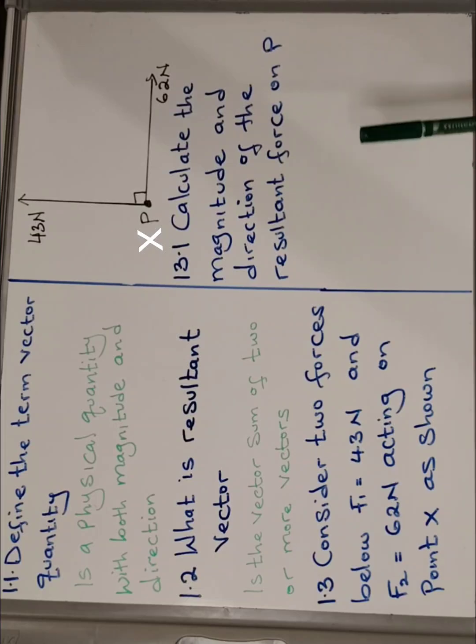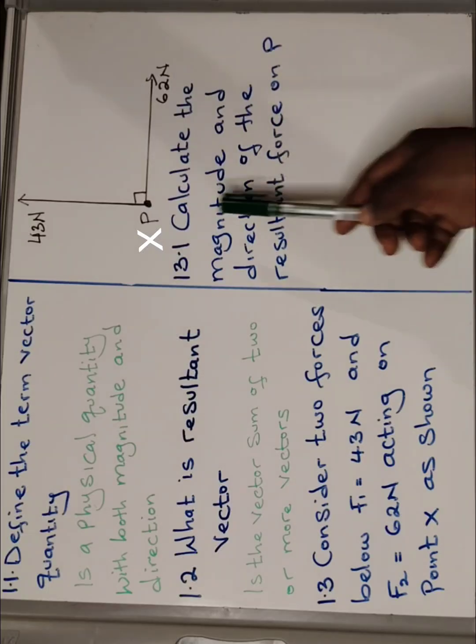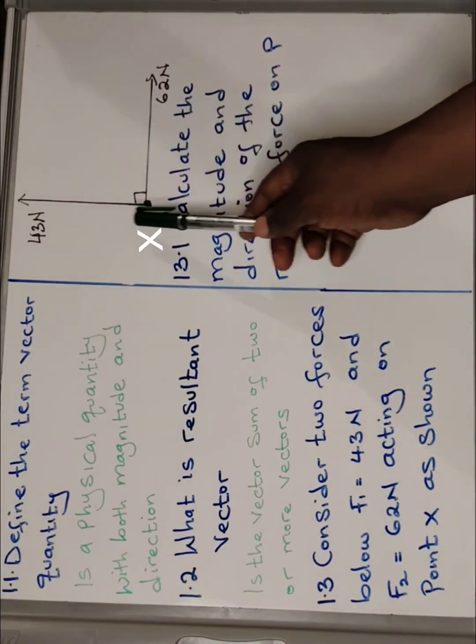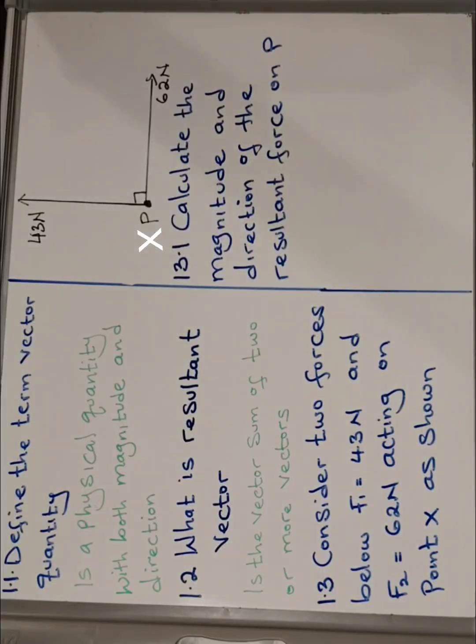Okay, how do we get this magnitude? Here we notice that the two forces are acting at 90 degrees, and under this circumstance we ought to use Pythagoras' theorem.